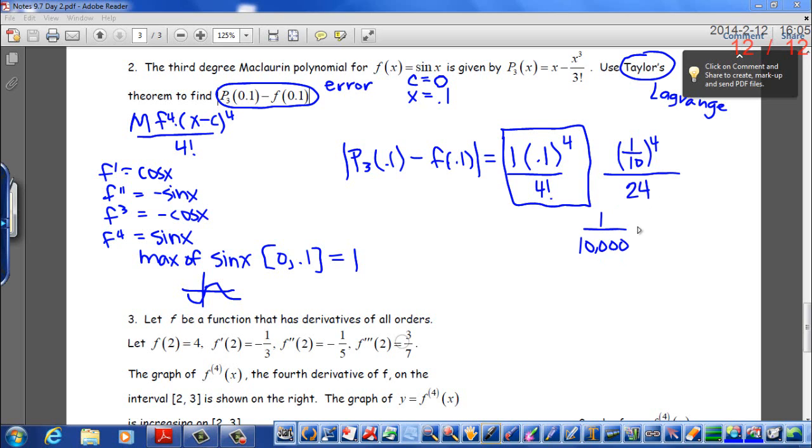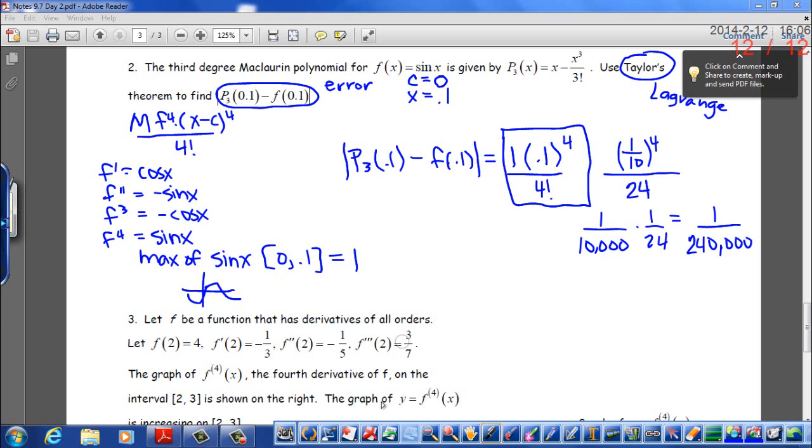And then divided by 24 is the same thing as times 1 over 24. So your error is actually less than or equal to 1 over 240,000. You'll see in the next example what I'm talking about of having to simplify that fraction. But either the numbers will be nice like this, or you'll be able to use a calculator.